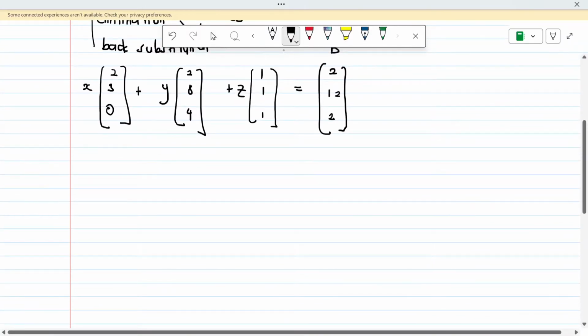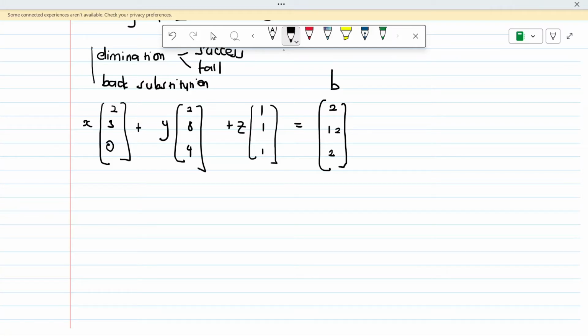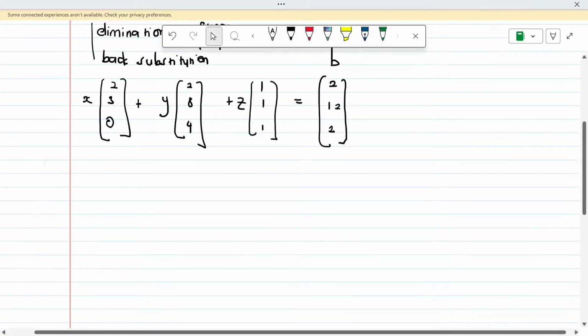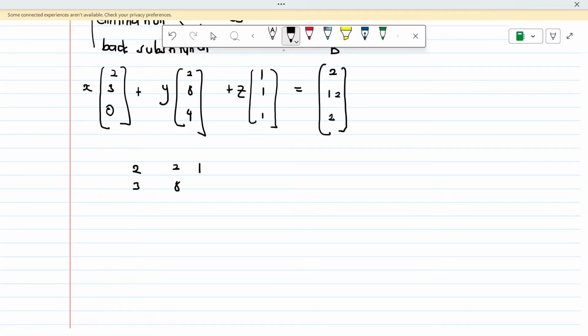We're trying to combine this x, this y, and this z to get this vector B. The x, y, and z represent the amounts of these vectors we need, such that we get our final vector B. And this can be represented as a matrix vector multiplication: 2, 2, 1, 3, 8, 1, 0, 4, 1.